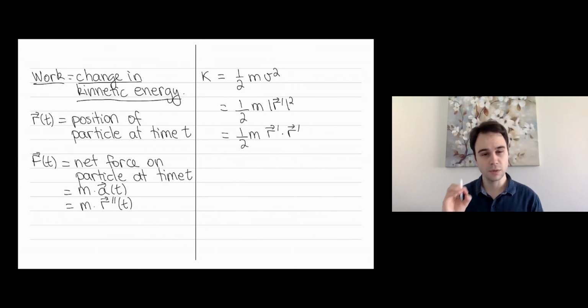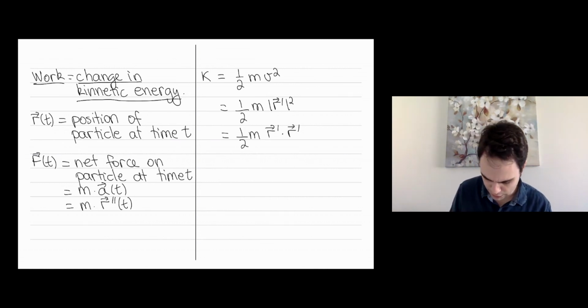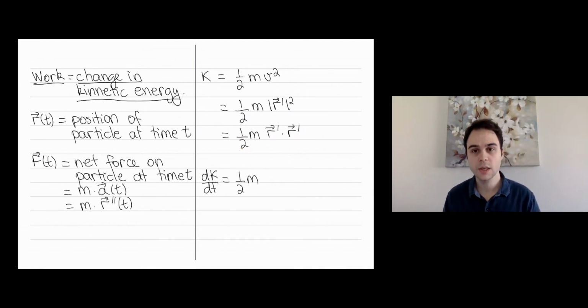So let's first understand the infinitesimal rate of change of the kinetic energy. So that's dK/dt. Here we're taking a derivative of a constant, so 1/2 of m times the derivative of this product. So this is the derivative of a dot product.